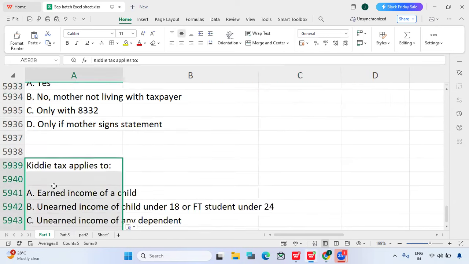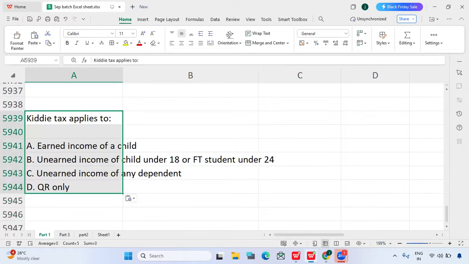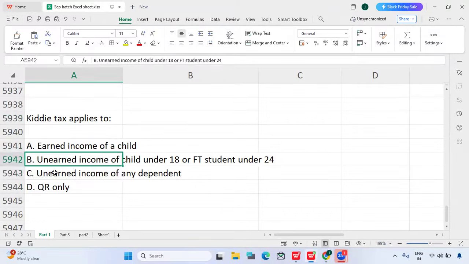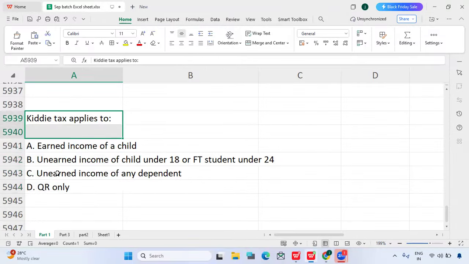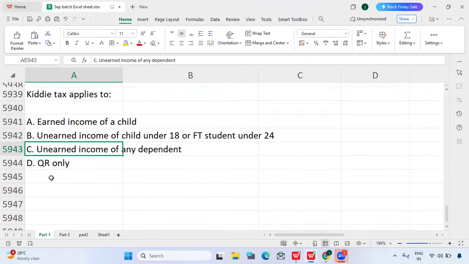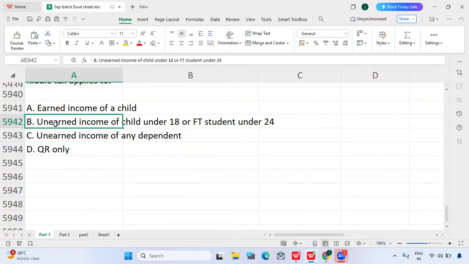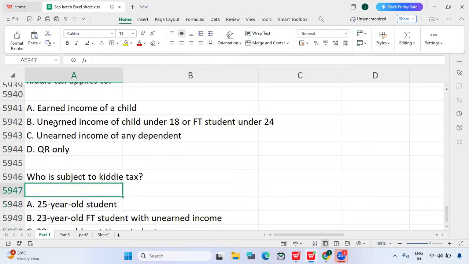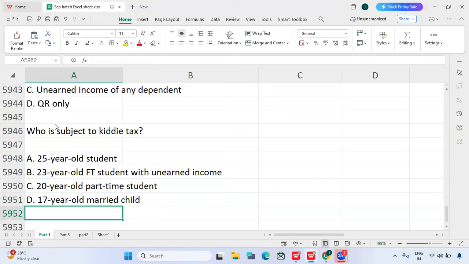Kiddie tax applies to unearned income of, option B, children under 18 or full-time students. Again here you must remember under 18. Who is subject to kiddie tax in this case?